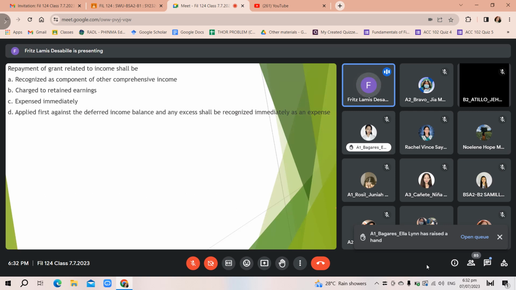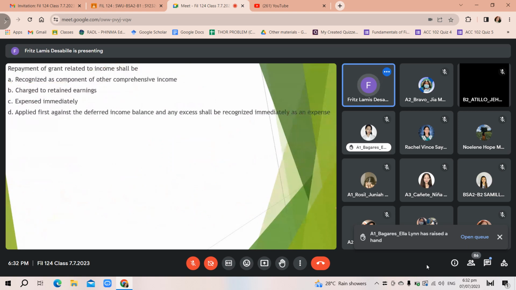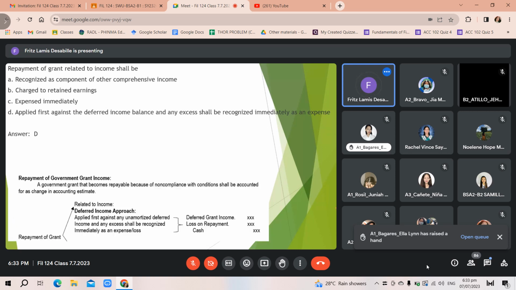Next, repayment of grant related to income shall be, again, applied first to deferred income balance, and the excess shall be recognized immediately as an expense, as to what I did here. So gi-apply nato siya sa 400,000, ang 1 million nga gibayad, ang rest kay i-recognize nato siya as an expense. Answer letter D. Okay, so I'm going to be giving this to you guys.